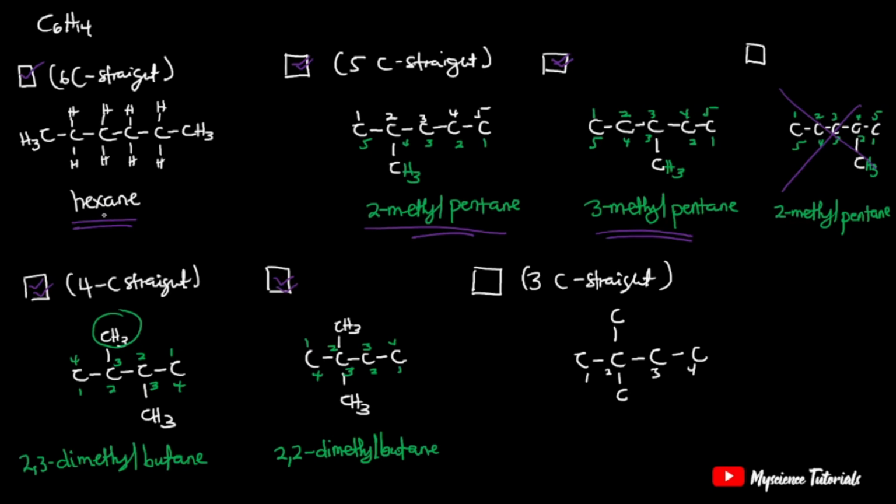So the 5 possible isomers are hexane, 2-methylpentane, 3-methylpentane, 2,3-dimethylbutane, and then 2,2-dimethylbutane, as we can see in this example.